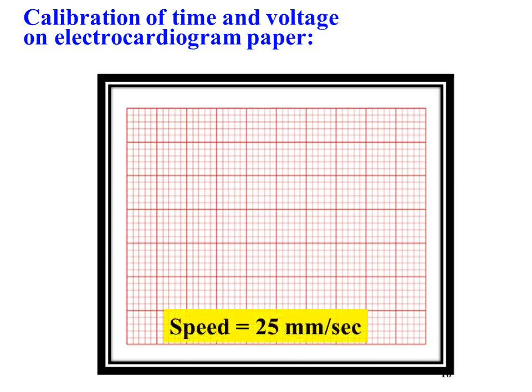The speed of the instrument, the electrocardiograph. الجهاز اسمه electrocardiograph بينما الورقة اسمها electrocardiogram. الجهاز electrocardiograph سرعته تكون 25 ملم per second يعني 5 مربعات كبيرة per 1 second. سرعة الورقة في الجهاز، حركة الورقة في الجهاز 25 ملم per second يعني 5 مربعات كبيرة تساوي 25 ملم.